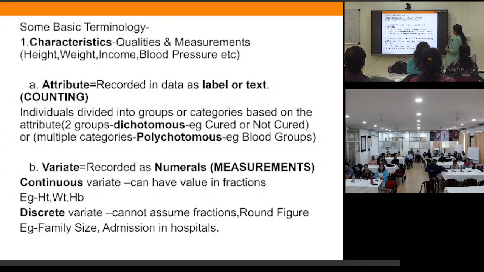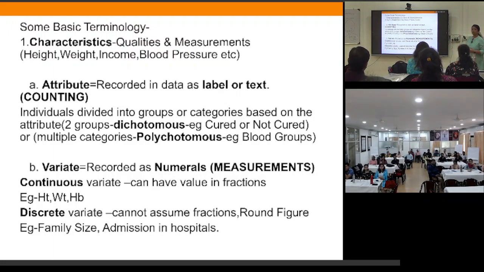Other than attributes, the second one is variate, which is recorded as numerals or measurement. Here you will use numbers: weight 50 kg, height 150 centimeters, etc. So these are the measurements, and they will have an appropriate unit attached. They can be continuous variates, which can have values in fractions: 50 kg, 51 kg, but of course you can have 50.5, 50.6, etc. That is called the continuous variable.